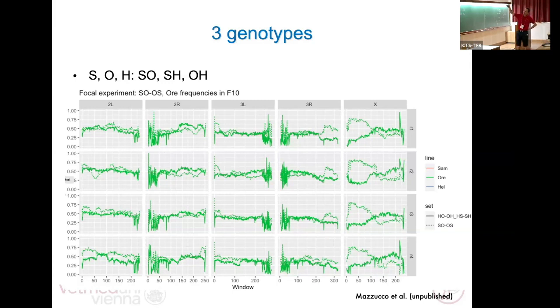What you see in the comparison of the dotted and solid lines is that on the autosomes there are some differences that are consistent. There may be something on 3R, but the major thing you see is on the X chromosome. You see exactly the same pattern that he saw, where we have the frequency increase and then it goes down, but the predicted response would be entirely different when we use these 2 separate experiments.